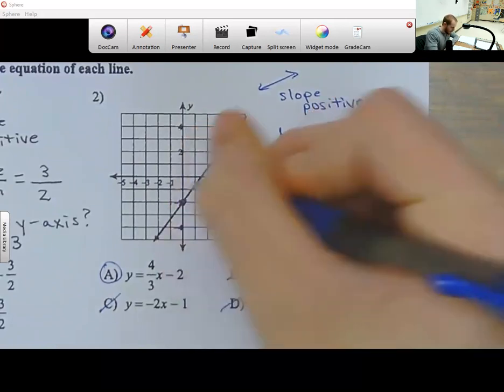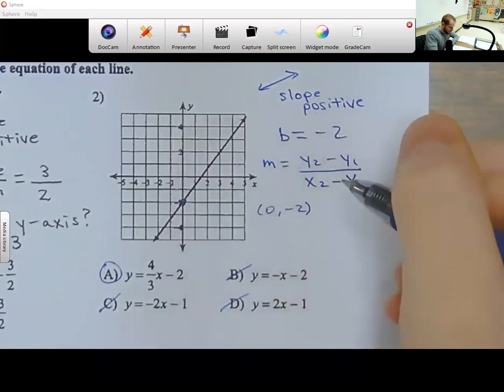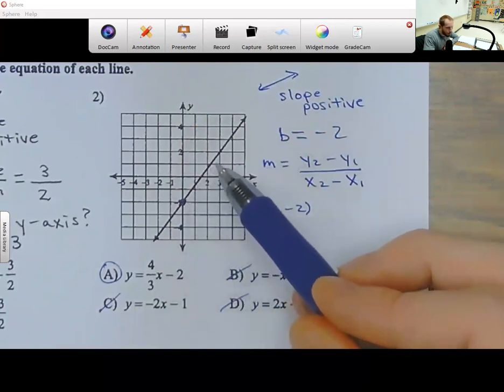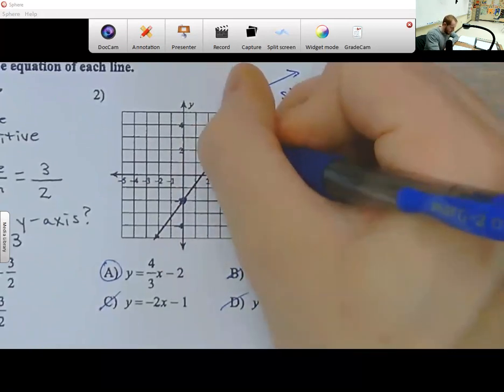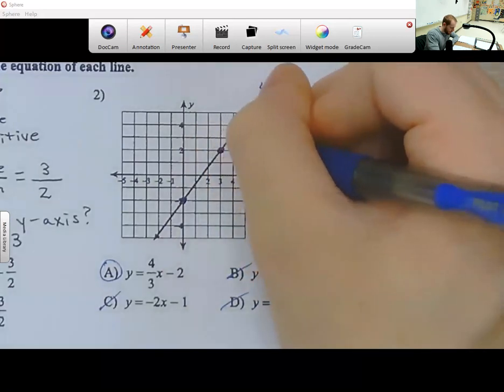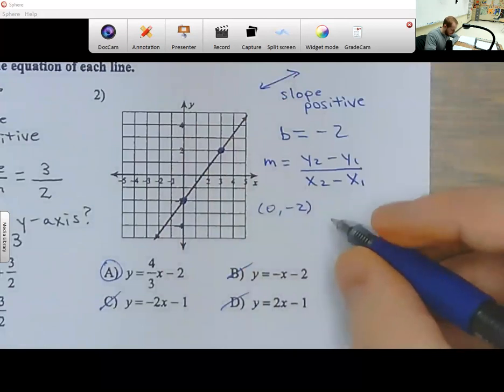This is 0, -2. So 0, -2, that's going to be my first point. And then the next point, that would be 3, 2. So that would be kind of right here. I know this is going to cross through that point. So that point is 3, 2.